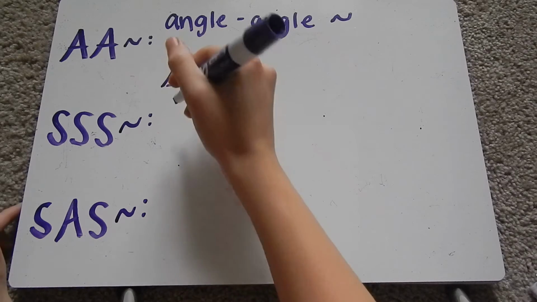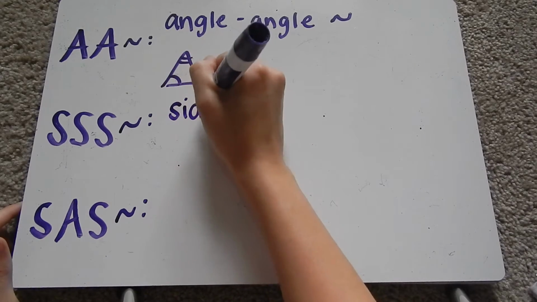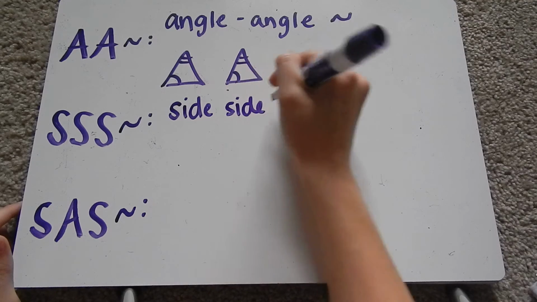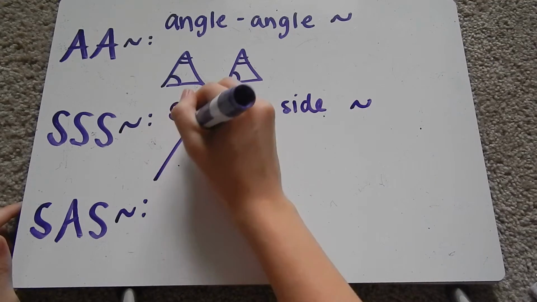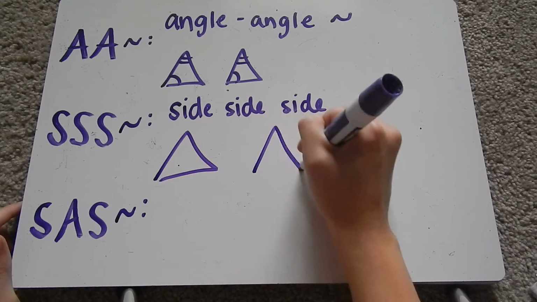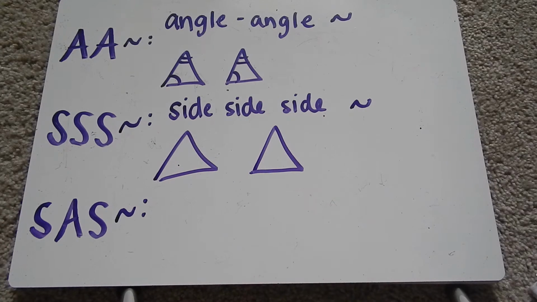Then we have side-side-side similarity. So if I have two triangles, and these triangles have proportional sides, then I have side-side-side similarity.